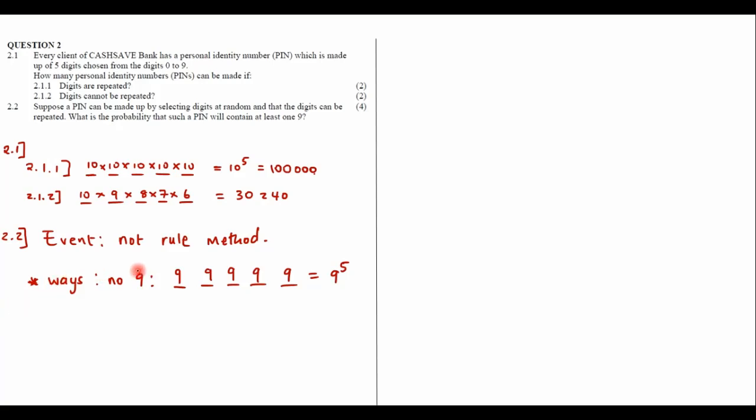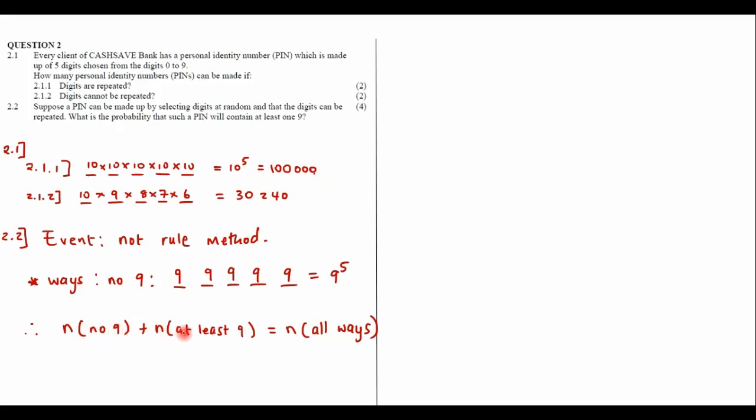Now, knowing the number of ways where there is no 9, if we take the number of ways where there is no 9 and add it to the number of ways when there's at least one 9, this will give us the number of all ways. That is the total we had earlier on.